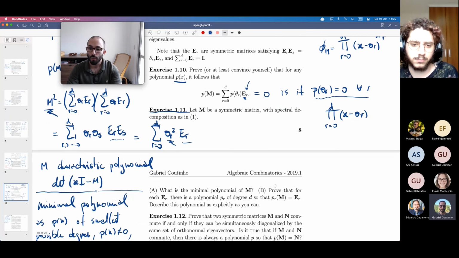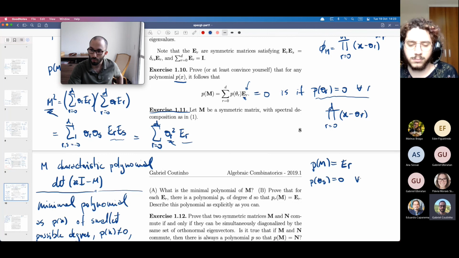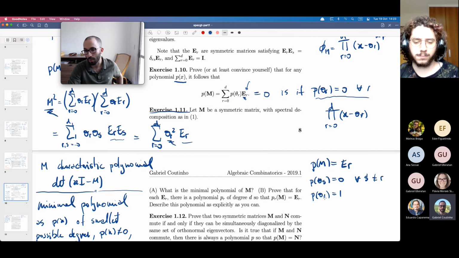Now, how can you prove that for each Er, projection onto an eigenspace, there is a polynomial of degree d that maps this matrix M to the projection? Well, it's simply because if P of M is equal to Er for some r, this means that P of theta s is equal to 0 for all s different than r, and P of theta r is equal to 1.